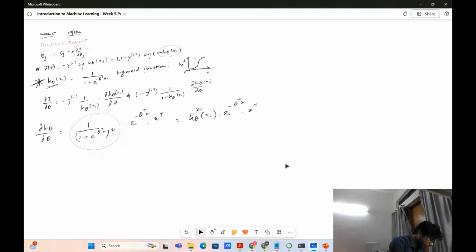So from here we see del j del theta would be minus of yi times this 1 by h theta that was there earlier times del h del theta. So del h del theta we got as h theta square xi times e to the minus theta transpose x times x transpose. I'm just substituting del h del theta over here.